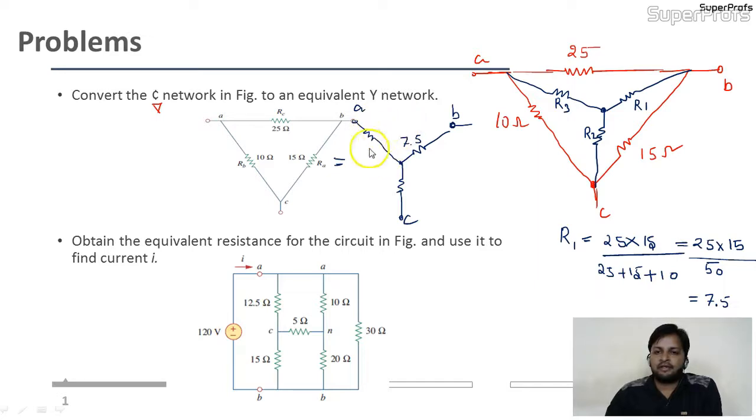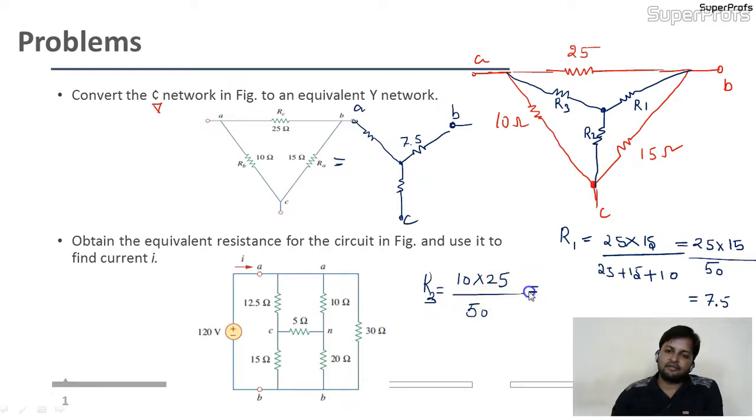What about this point R2? R1 is over, come to the R2 now. R2 is nothing but, R3 is connected with 10 into 25, so 10 into 25 divided by summation, it is 50. So it becomes 5, correct.